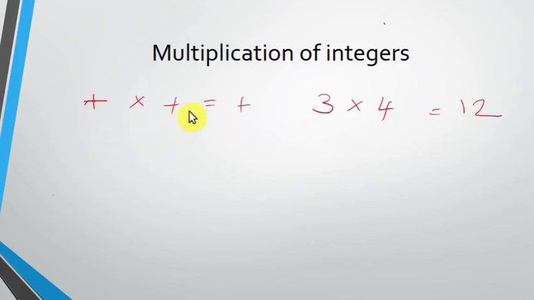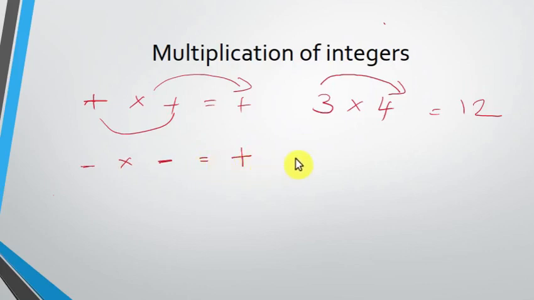When two positive integers we are multiplying, we get a positive integer. 3 is a positive integer, 4 is a positive integer, we get a positive integer 12. When we are multiplying two negative integers, we get a positive integer. For example, minus 6 into minus 3 equal to 6 3s are 18, minus into minus plus.